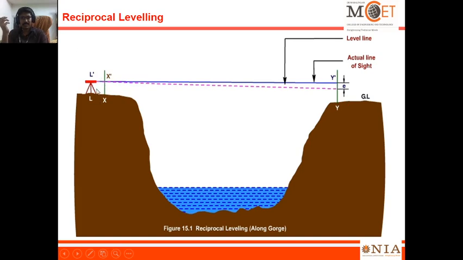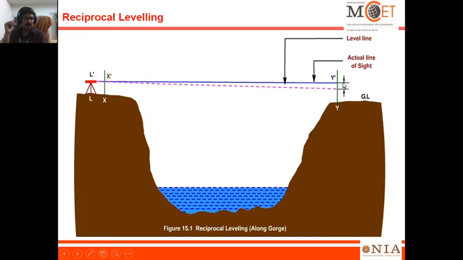From the position L, here there won't be any error, but due to the line of sight depression due to curvature of the earth or refraction of the line of sight, or by temperature, whatever it is, any combination, there will be an error. Actually it should be covered in the leveling topic, but we may see it here.